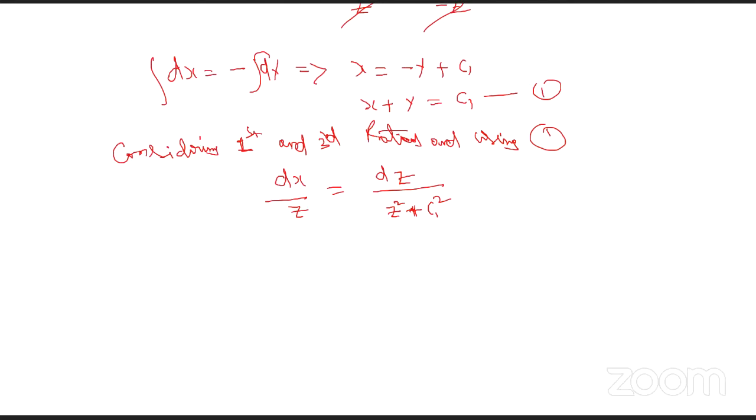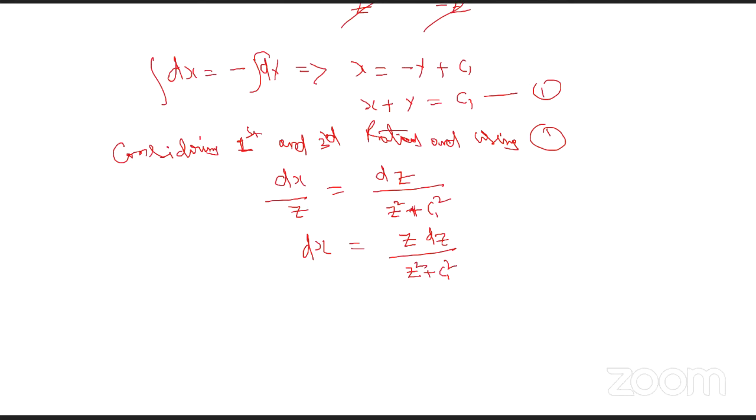Then integrating both sides, dx equals, shuffling we need to do, that is nothing but the variable separable method, z dz whole divided by z square plus c1 square.